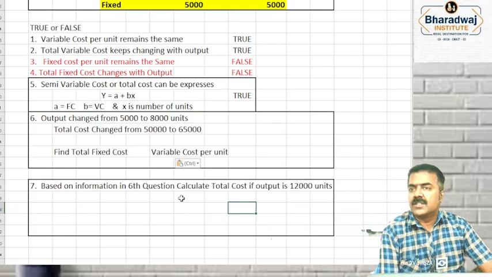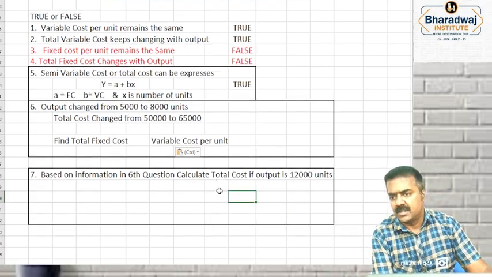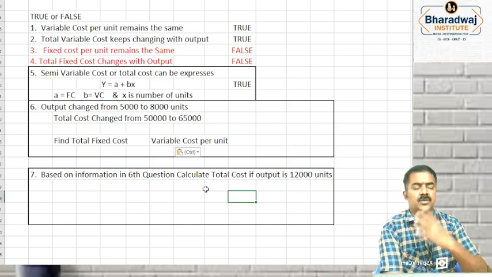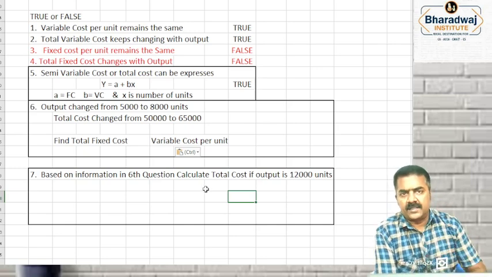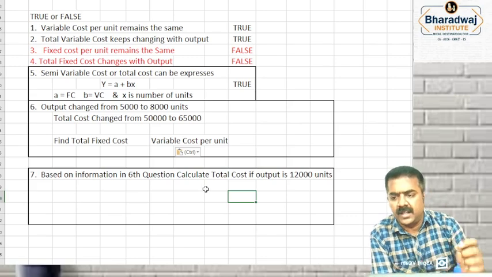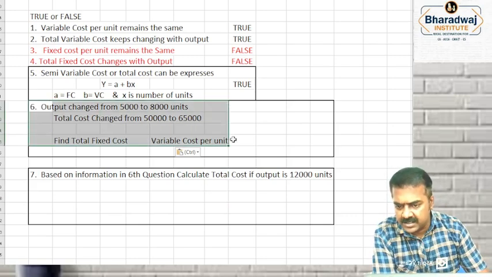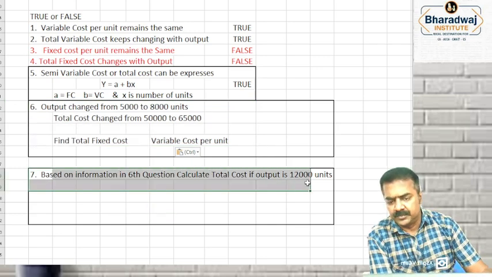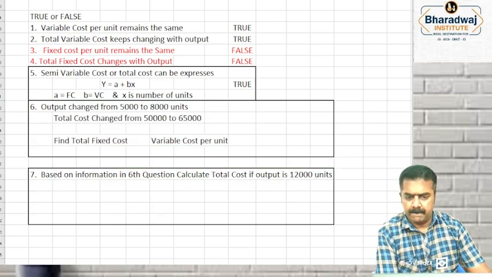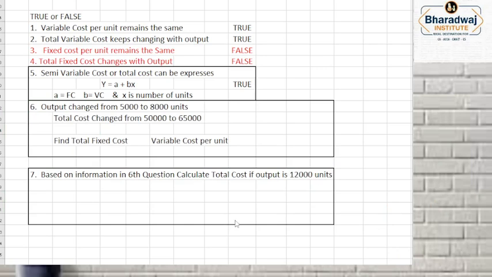The output is 12,000 units. So please copy this and try. Those who are accessing recordings, you shall pause that and copy this. Then you can solve this 6th and 7th. Then we will continue.